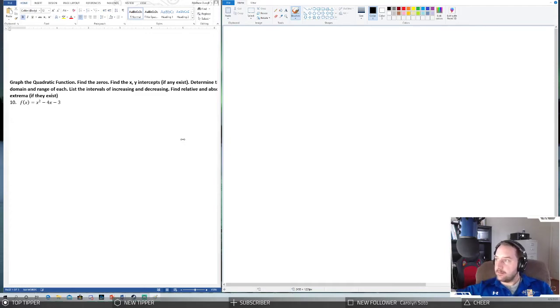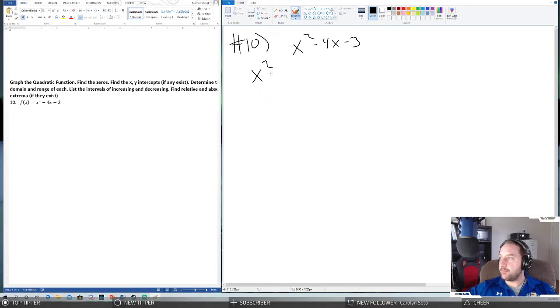Number 10 says graph the quadratic function, find the zeros, x, y-intercepts, etc. Okay, so I have x squared minus 4x minus 3. So it's going to be easier if I put this in graphing form to be able to graph it. So I'm going to put parentheses around that part. Then complete the square. So -4 over 2 squared. So b over 2 squared. That's going to give me 4.